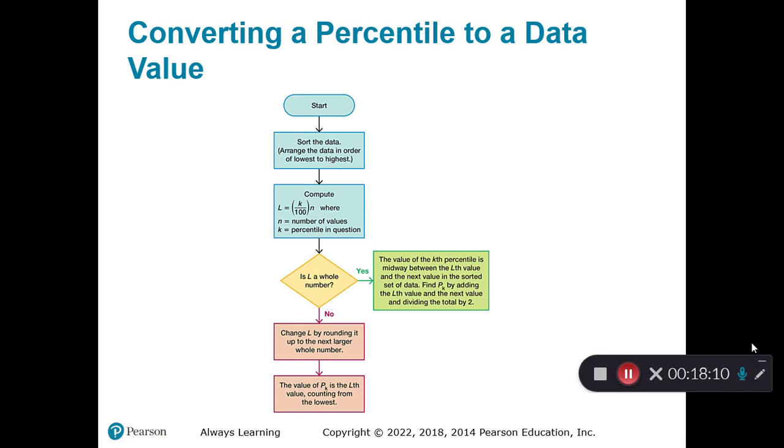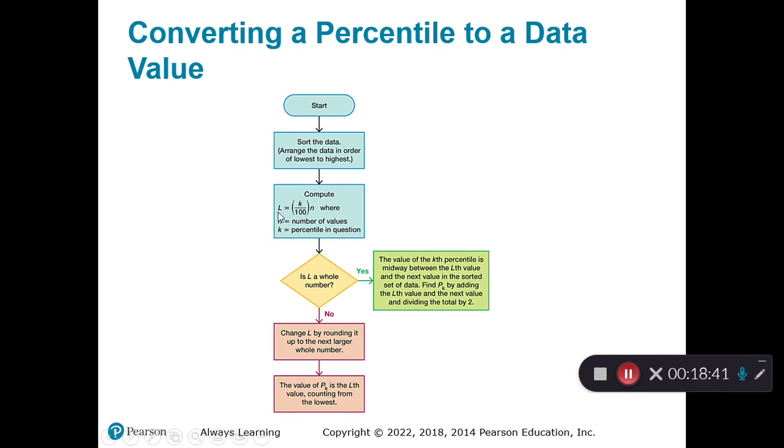This graphic doesn't show up very well in this slide because the print is rather small, but it is in your ebook as well. And of course, you can pause the video and expand your screen to see this a little better. Again, if we're going in the opposite direction, if we're going from a percentile back to finding what data value it corresponds to, this is going to be the procedure to follow. First, you're going to always start by sorting the data from least to greatest.